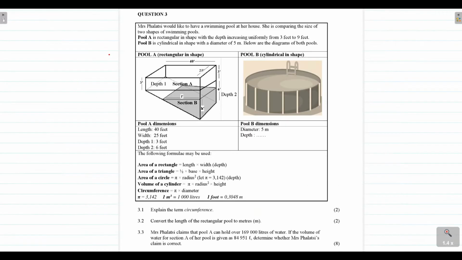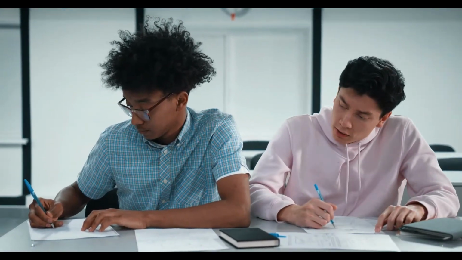Try this question on your own, guys, before you have a look at this video tutorial. Once you've tried it on your own, play the video tutorial to see if you were able to answer the questions accordingly. That is the most effective way that you are going to learn. Just copying down the memo and just watching without having any effort on your side is not going to do you any justice.